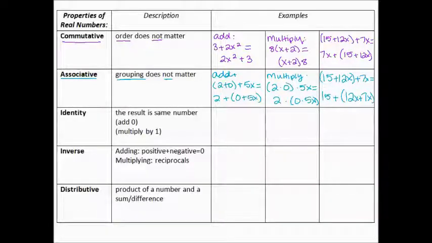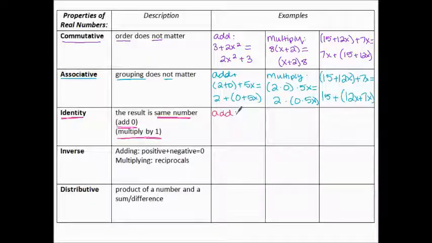Next, we're going to look at the identity property. For the identity property, the result is the same number. That's what you want to remember for the identity property. The result is the same number. When we do addition, we add 0, and when we do multiplication, we multiply by 1.